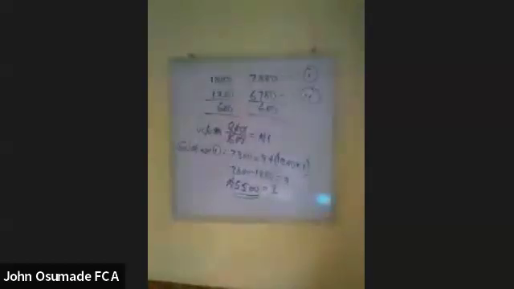And because standard is always fixed for a long time, it's not easy to flex like a flexible budget. It's always fixed for a long time before you can change it.